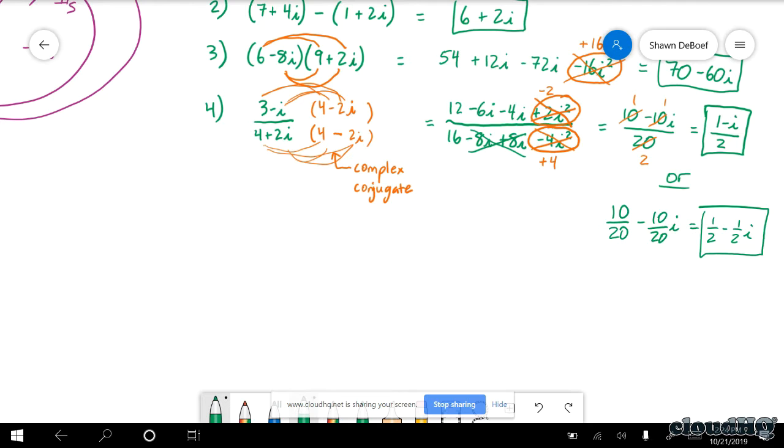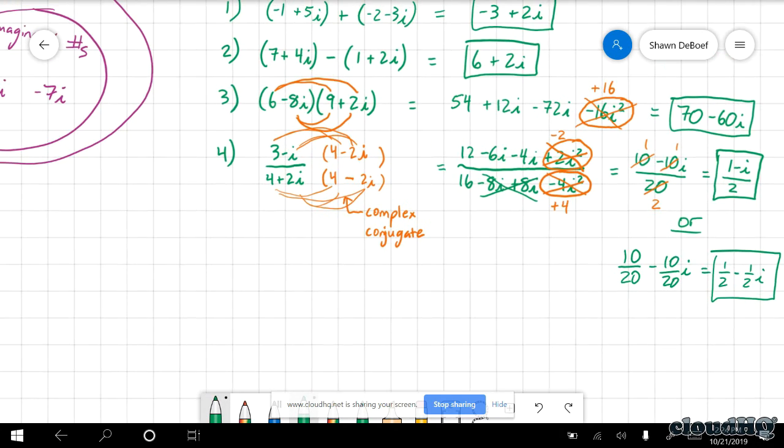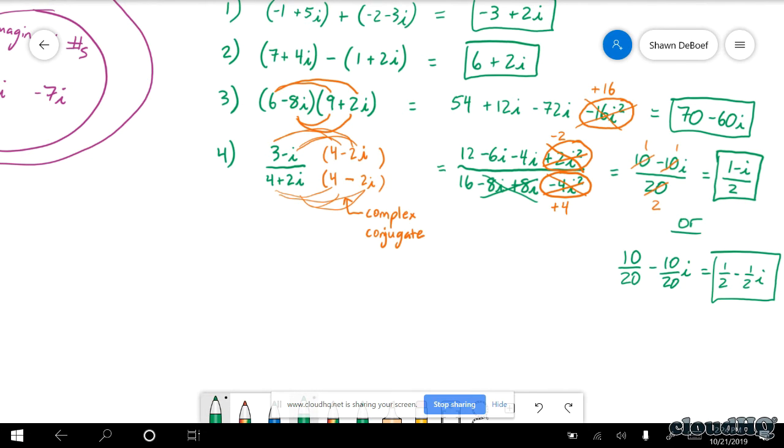So those are the different operations we have with complex numbers. What we're going to do next is bring it full circle. Before this unit, we were solving quadratic equations by graphing and by factoring, but we had to interject this unit because sometimes our solutions are imaginary numbers.